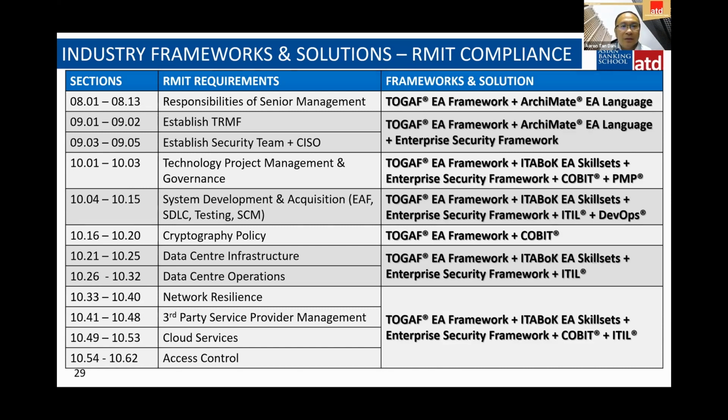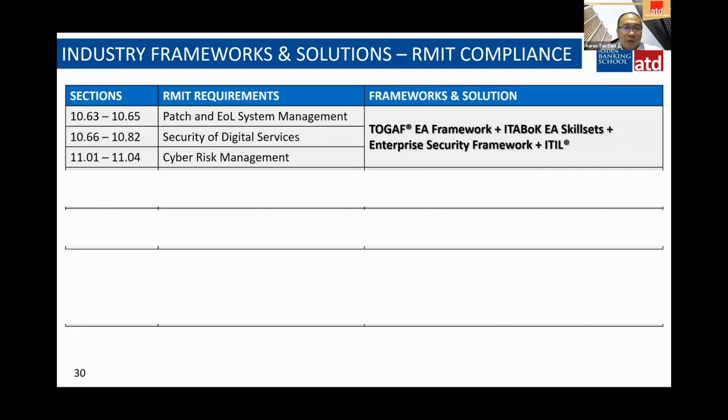Then the next one is on patch and end-of-life system management. Just now I mentioned end of support, end of life, which has been there in the RMiT requirement, right? So it's very important. I have met quite a number of IT services teams responsible for this, but they're managing it in Excel. Sometimes they forget, because Excel cannot give you a warning.